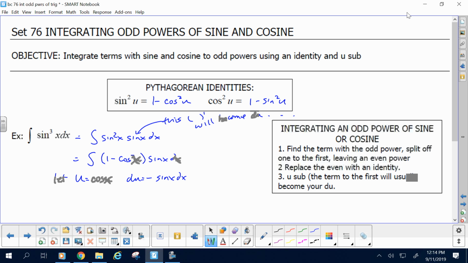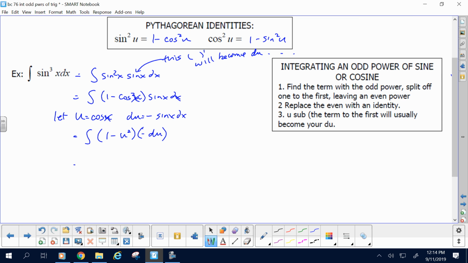And so when I go to substitute, this is 1 minus u squared, and that sine of x dx is actually not du, but negative du, or the opposite of u, and how you deal with that negative is your call. You can put it out front, you can change the signs here, whatever you want to do. What do you want to do? You want to put it out front or change the signs in here? Change the signs in here it is, all right. I don't even ask you, you decided, I just assumed you decided correctly, but you chose wrong.